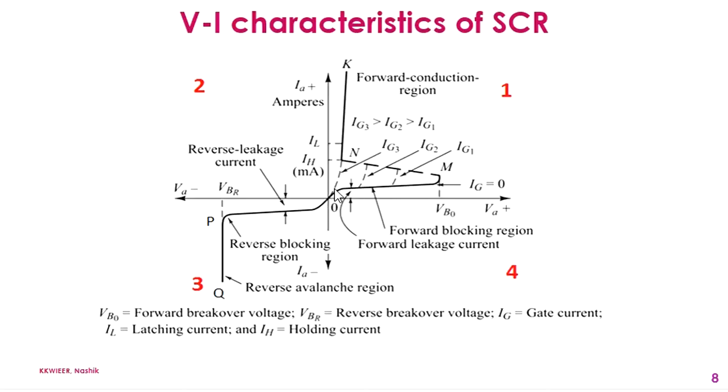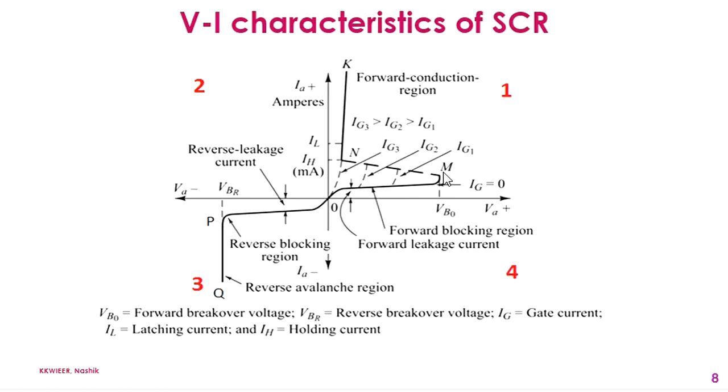So 0 to M represents the very small amount of anode current, and this part of the VI characteristics is nothing but the forward blocking region characteristics in which the device does not conduct, meaning no current will flow through the device.